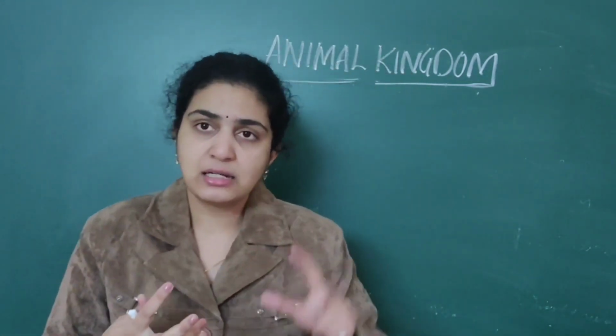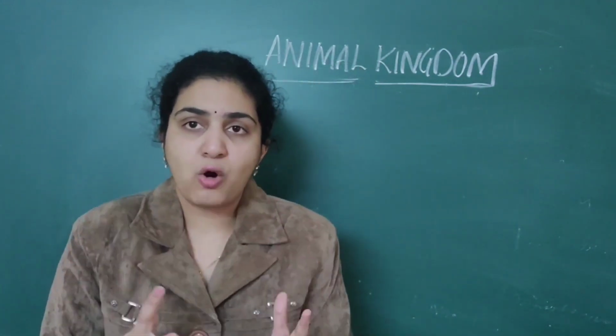Suppose for sponges, I am revising for those who have missed the class. Important points I am revising. If you want to go in detail, go through the last videos of Animal Kingdom part 3 and part 4. So sponges have special features called choanocytes, that is specialized cells, as well as spongocoel, that is nothing but the body cavity, which plays a very important role.